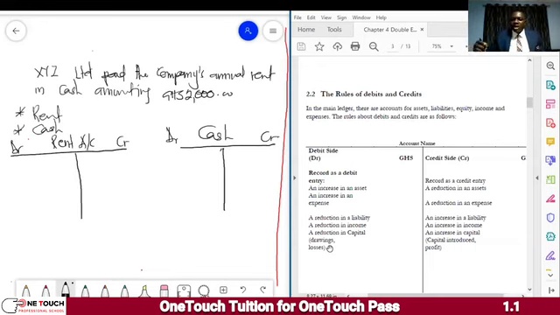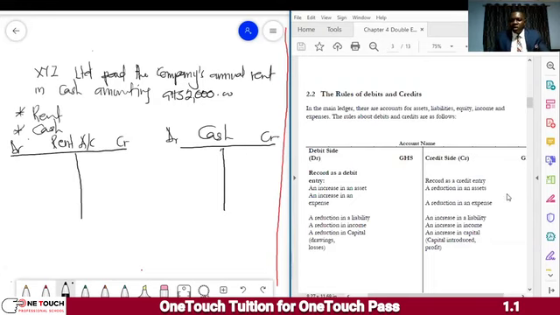Transactions that we can record on the credit side of an account, or what the credit side of an account can be used for. Good. Now the credit side, we say that record as credit entry a reduction in an asset, simply meaning that when an asset is decreasing, we credit it.